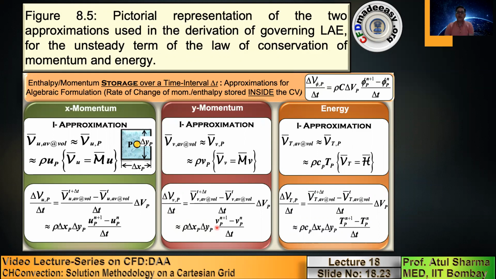It is not only limited to the energy conservation, it is also applicable to momentum conservation, because momentum and energy conservation are part of the transport process, where both are driven by advection and diffusion.